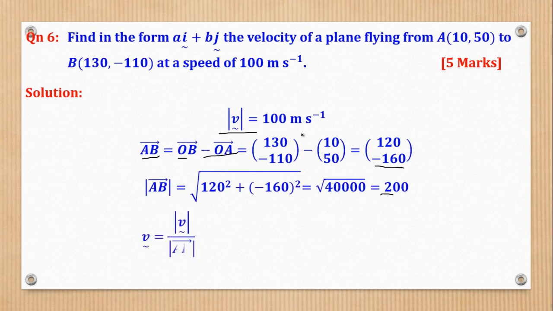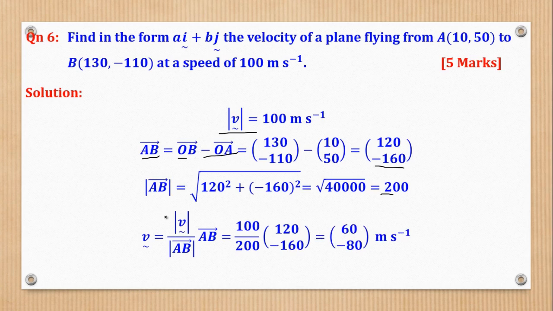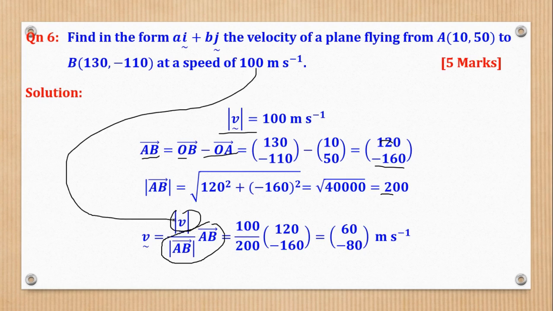Then I remember that if I want to convert a magnitude into vector, I'll get the unit vector of its direction times the magnitude of that vector. So the direction vector is AB, and this unit vector is vector AB over its magnitude, then times the magnitude of the speed, which gives me the velocity vector.